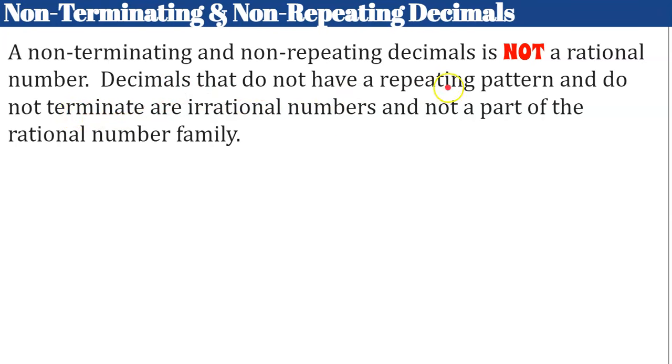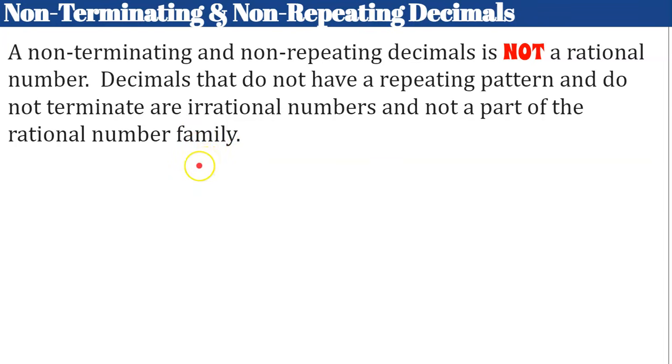Decimals that do not have a repeating pattern and do not terminate are what we call irrational numbers, which again is an 8th grade topic. This is a 7th grade video. So they're irrational and not part of the rational number family.